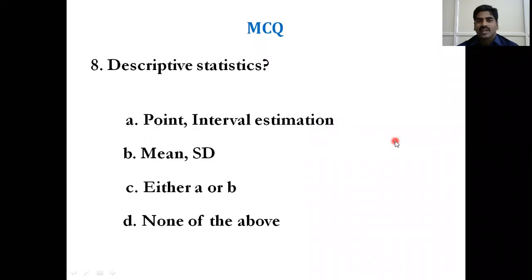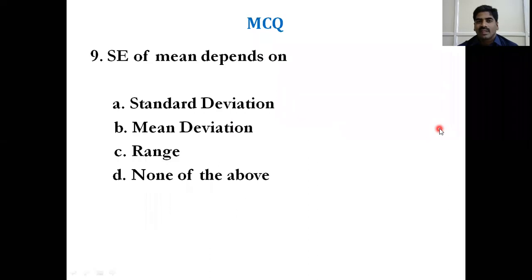Next, question number 8. Descriptive statistics. Standard error of mean depends on standard deviation, mean deviation, range, none of the above. Standard error of mean depends on.